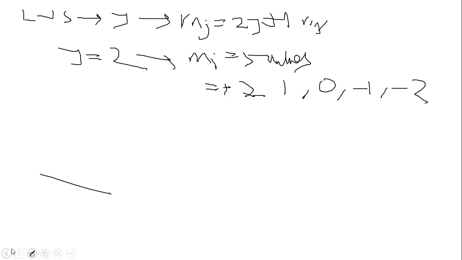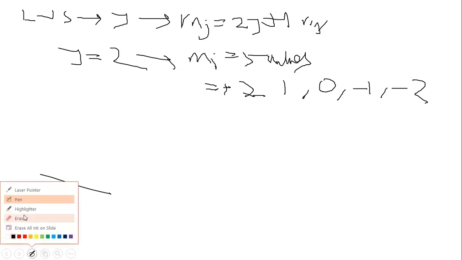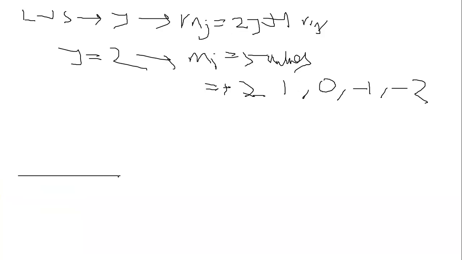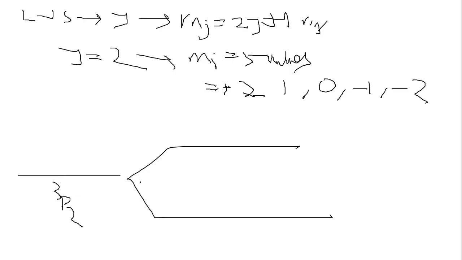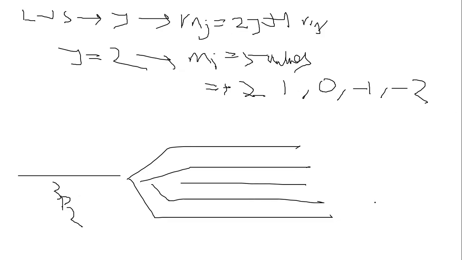So when there was no field, this 3p2 line will get split into how many lines? 5 lines, corresponding to mj values 2, 1, 0, minus 1, and minus 2.